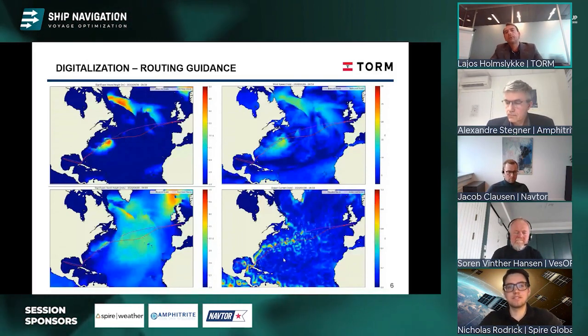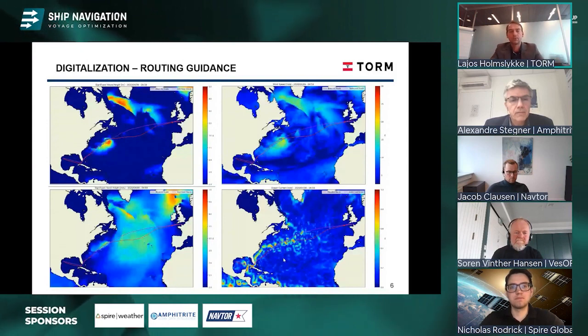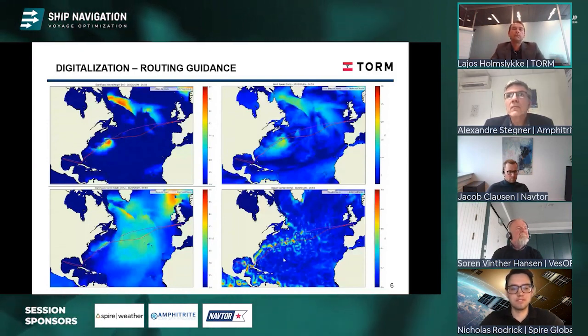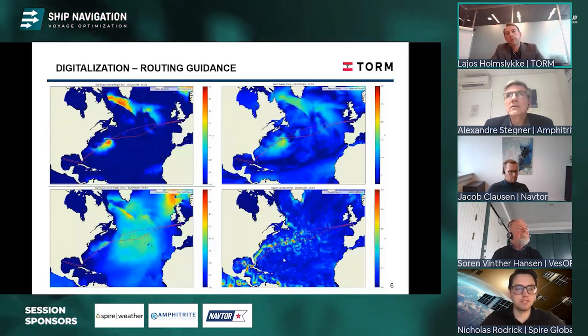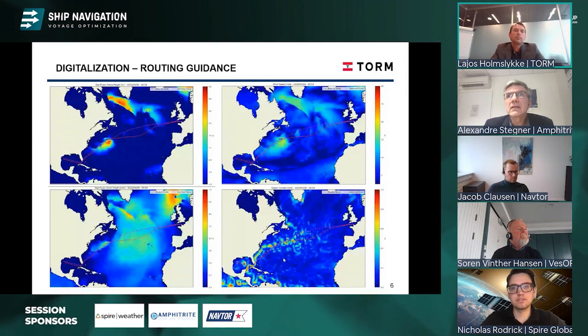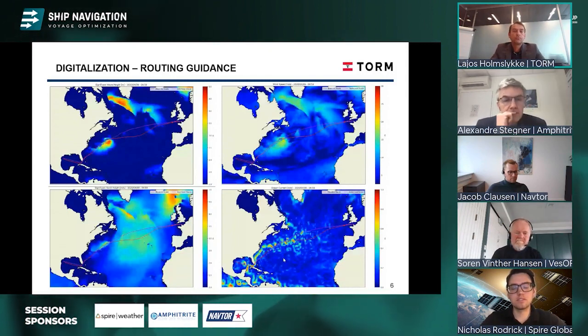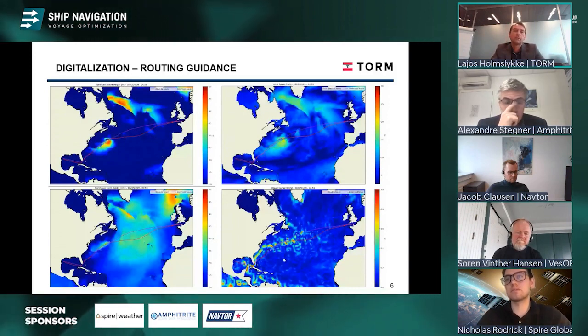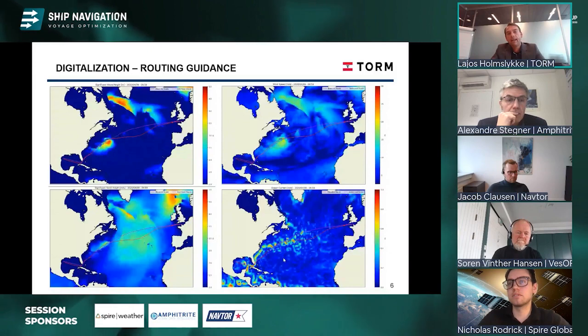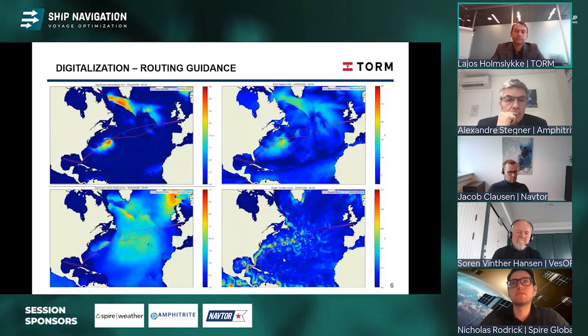Every month, we update our performance models of our vessels and feed them into the system. The system will then try to determine the most optimal passage, to the extent where you save the most fuel and still fulfill the charter parties or customer requirements in terms of speed and avoid bad weather.